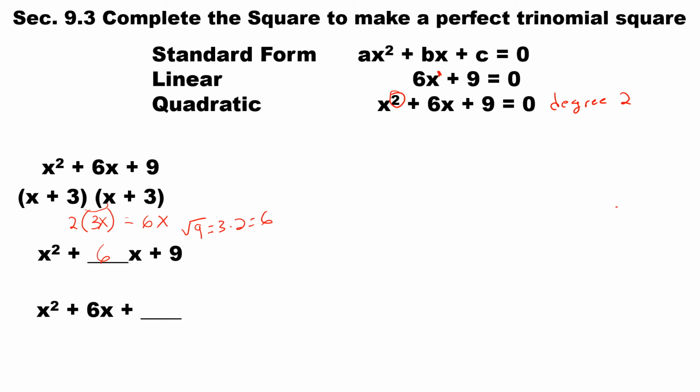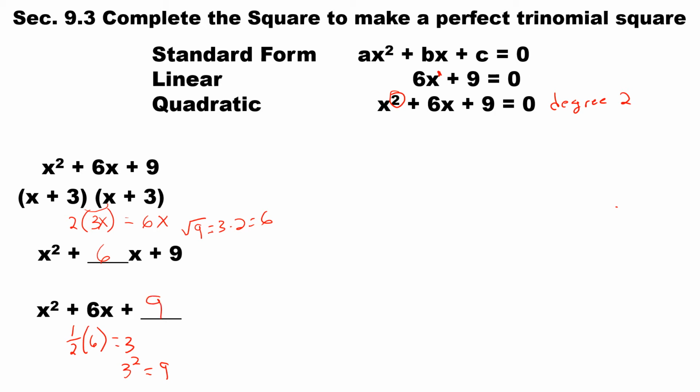If in this case to get the middle term we multiplied by 2, then we're going to take the 6x and take half of the 6, which is 3. Then we're going to take that 3 and square it, and we get 9.